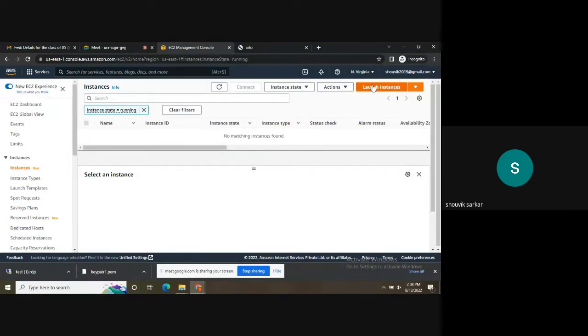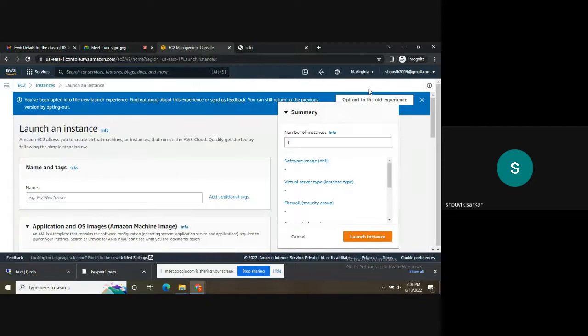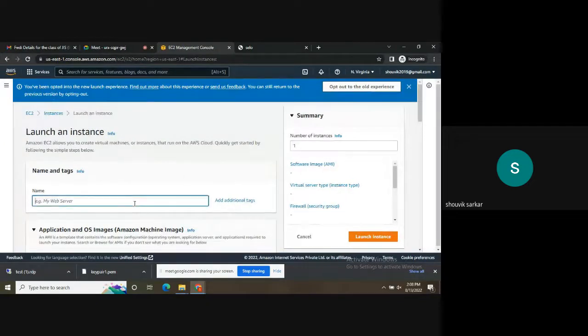For this, we go with the launch instance option, and we write the name here, my virtual PC.